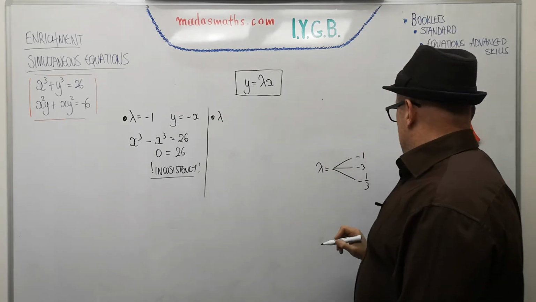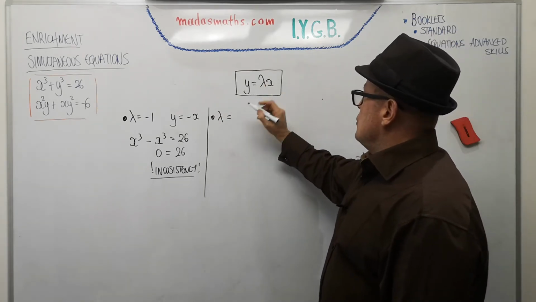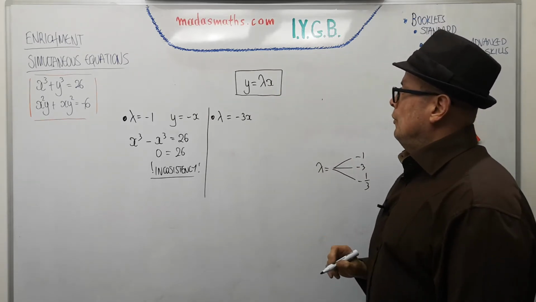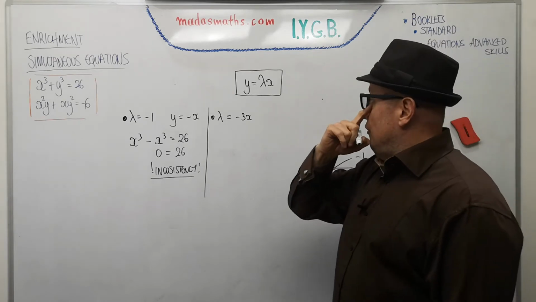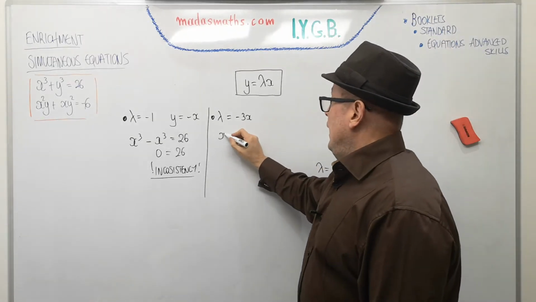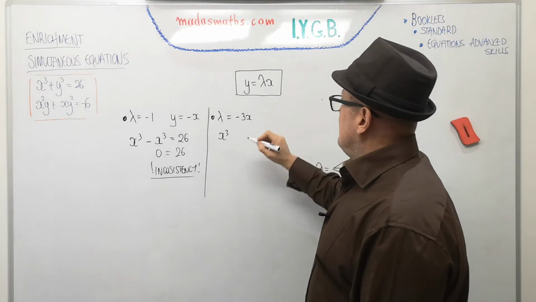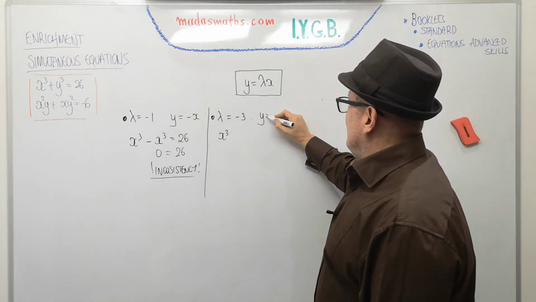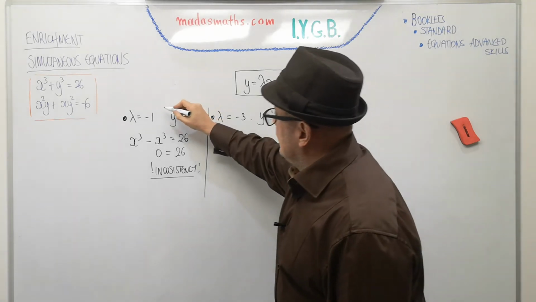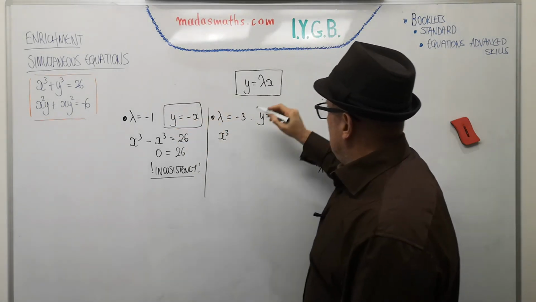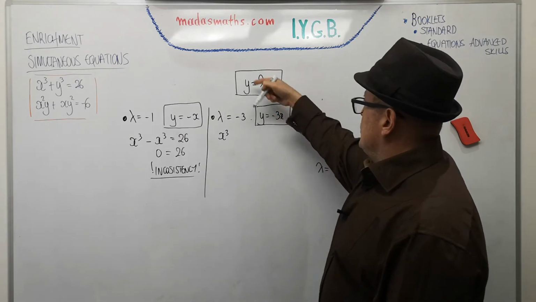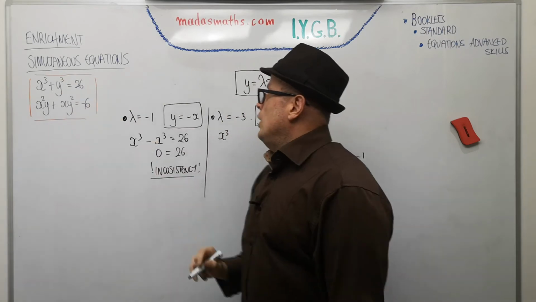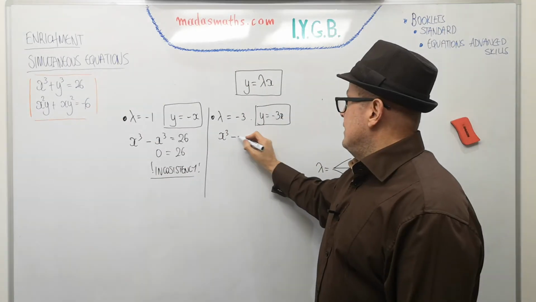So lambda is equal to -3, so that means y is equal to minus 3x. For the previous one it was y is equal to minus x. Now I put this into the first equation, so it's going to cube into a negative.